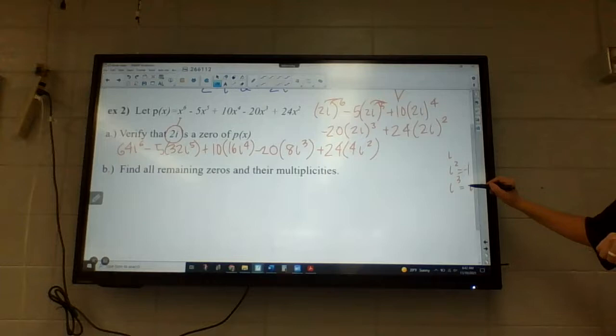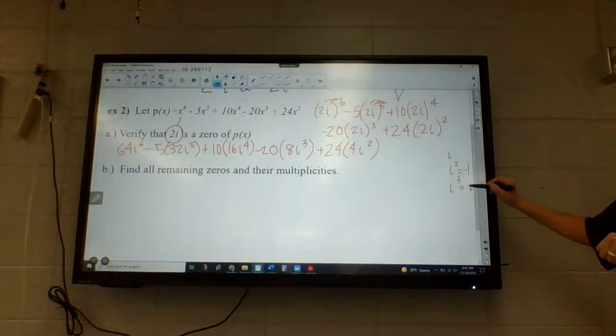So that x to the 4th minus 5x to the 3rd plus 6x squared. x squared, and then it's going to be x and x.